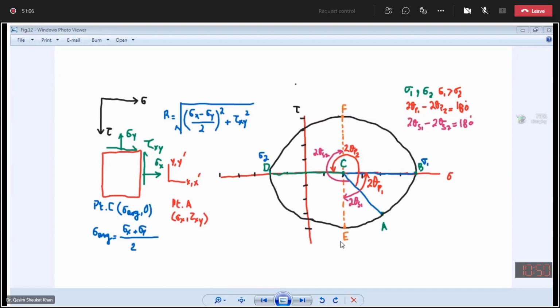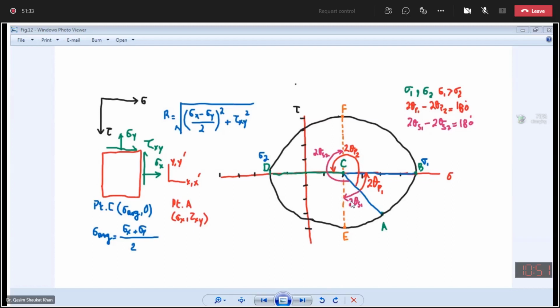Now the next thing is I want to calculate the orientation of the shear plane. Moving from the reference plane CA, which will always be your reference plane, towards CE will give me the orientation of the shear plane, 2 theta S1.